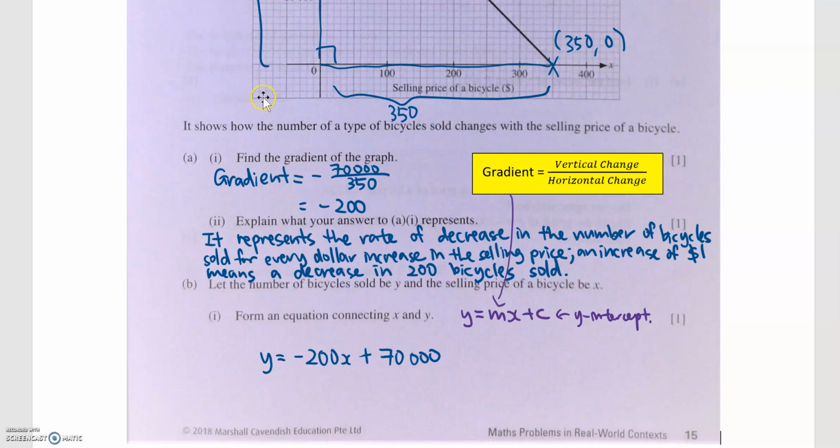Let's go on to the next part. They want us to show that the amount in dollars collected from the sale of bicycles is given by this.